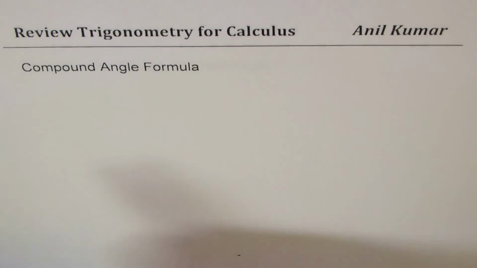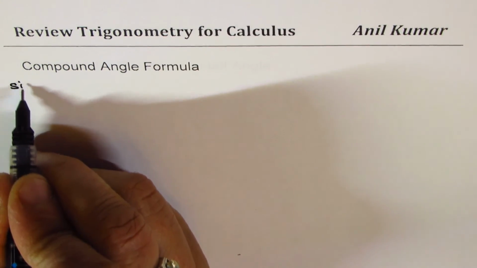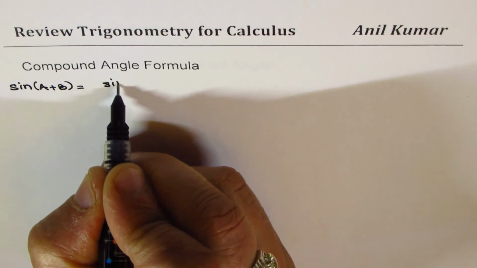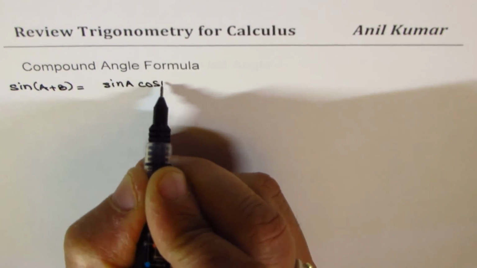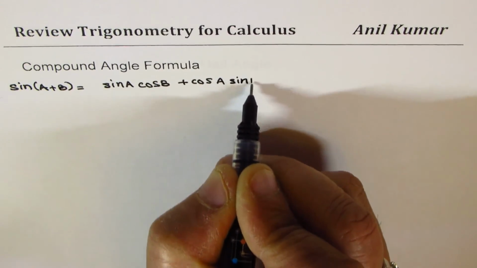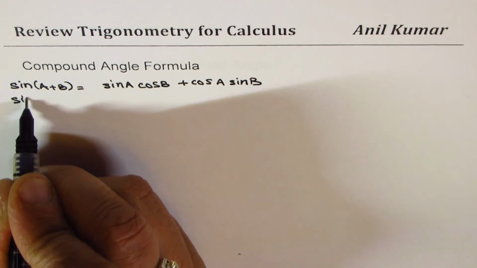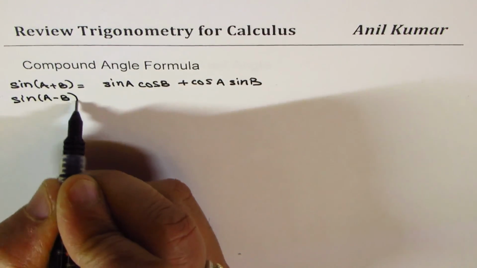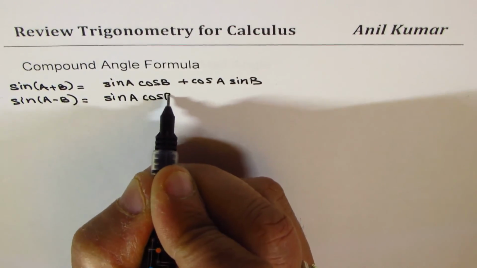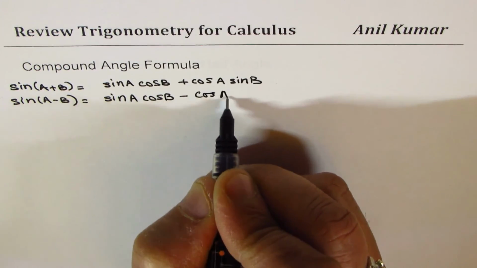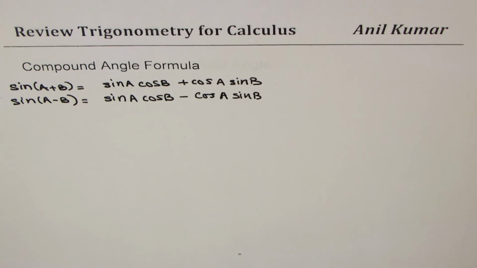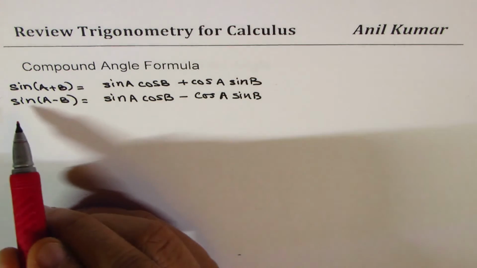The compound angle formulas which are very useful for you are sine of A plus B, which can be written as sine A cos B plus cos A sine B, right? And if I have sine of A minus B, then there is a minor change in the formula. It is sine A cos B minus cos A sine B. Now from this formula, we can get a lot of related formulas.